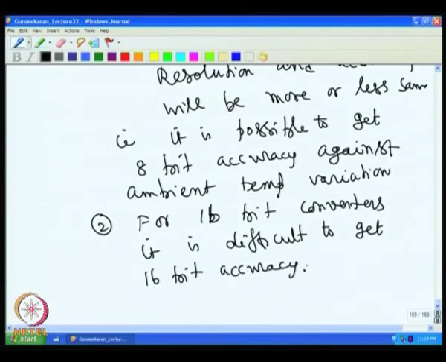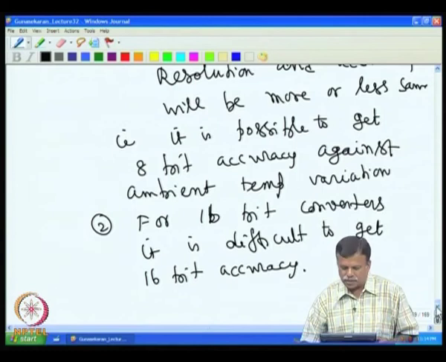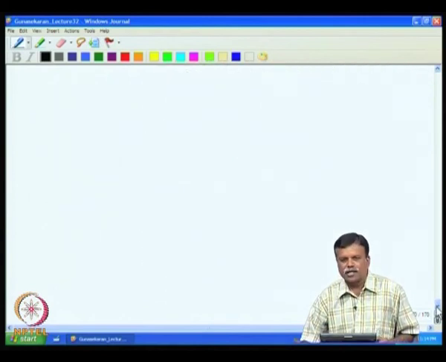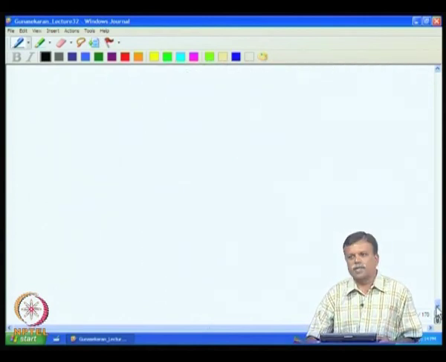So, one has to really compute and see in the case of 12-bit and 16-bit converters what is the real accuracy. So, one should not assume that resolution and accuracy are the same in all the A2D and D2A converters.